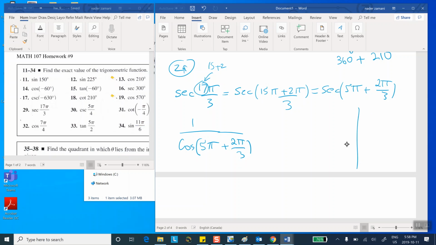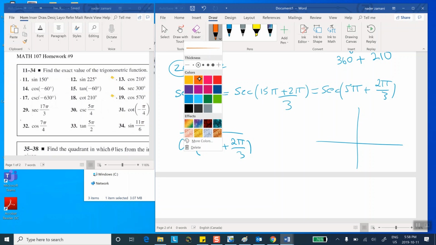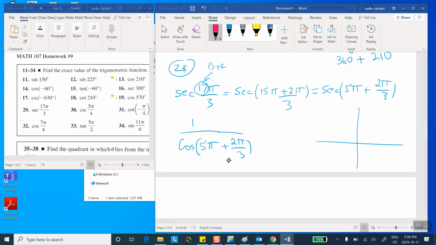So let's see where we are with the trig circle. Okay, so 5 pi means that you go, this is 2 pi, this is 4 pi, and then you go plus pi, one more up to this point.